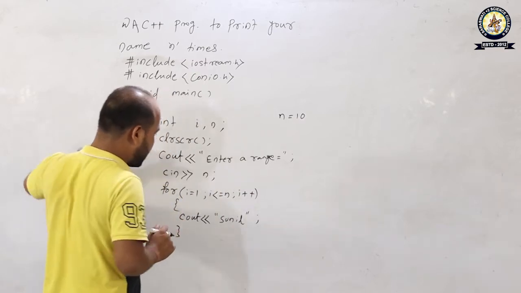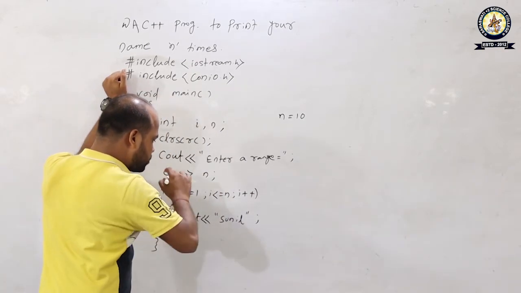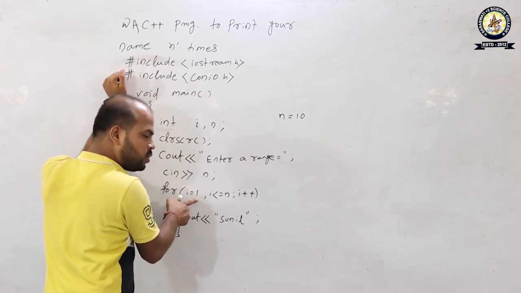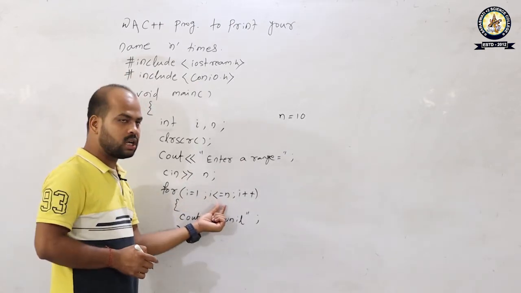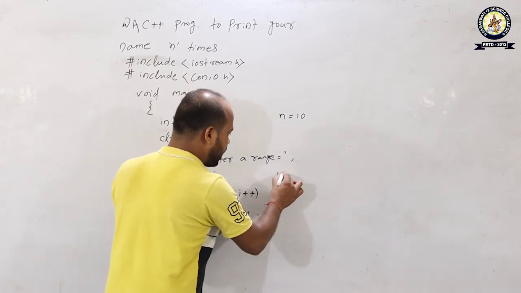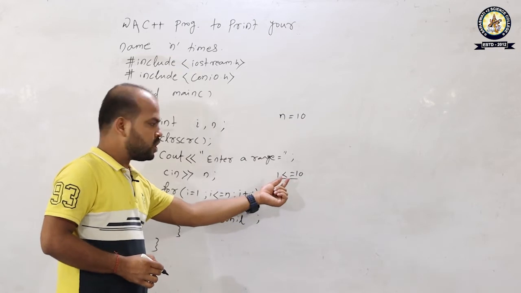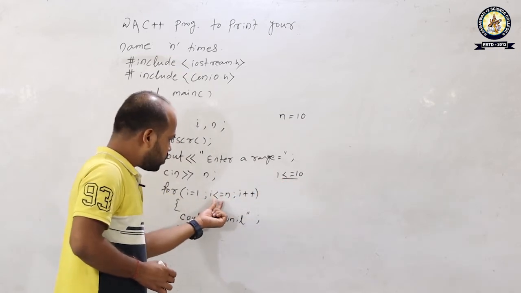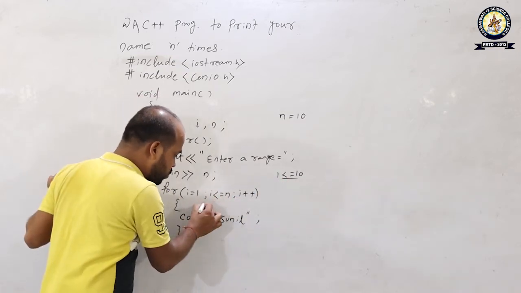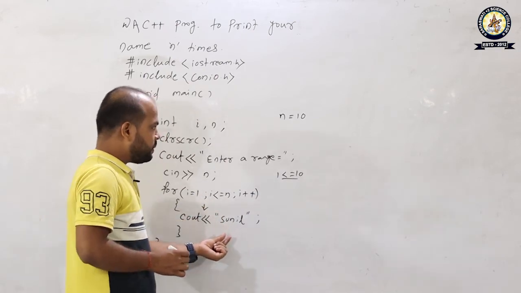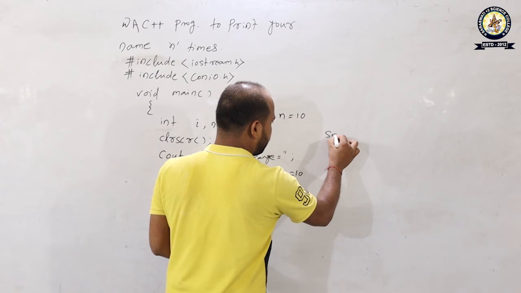Just look and listen carefully. First, when the counter comes to this for loop, i is equal to 1, then it will check the condition, that is 1 less than or equal to 10. Then the condition will be true. When the condition is true, control goes to this line. Then your name will be printed, like Sunil.